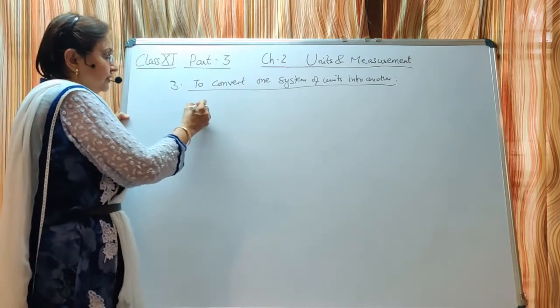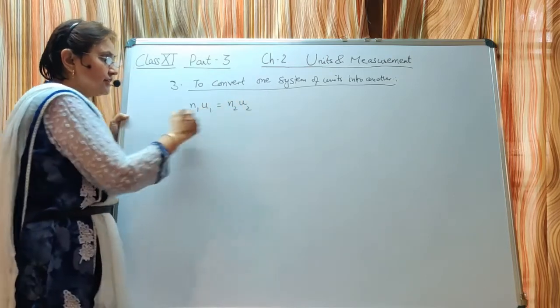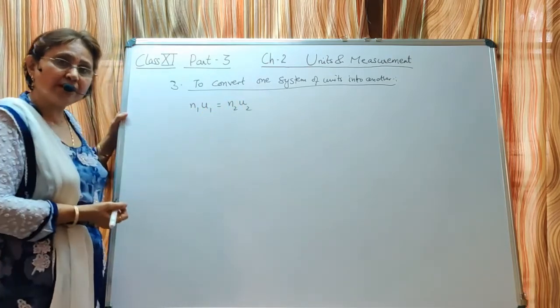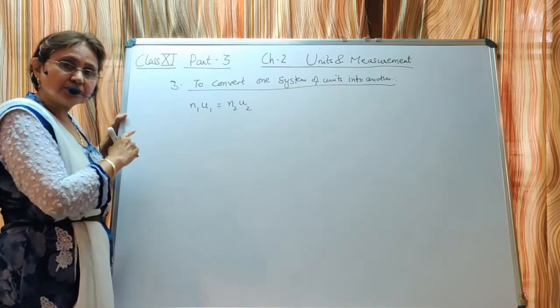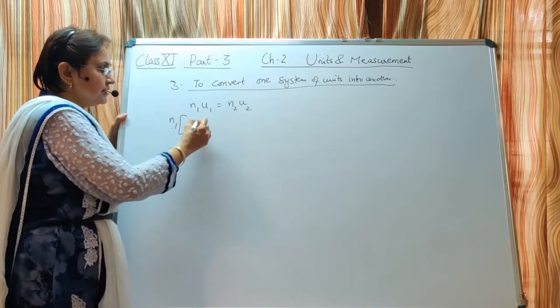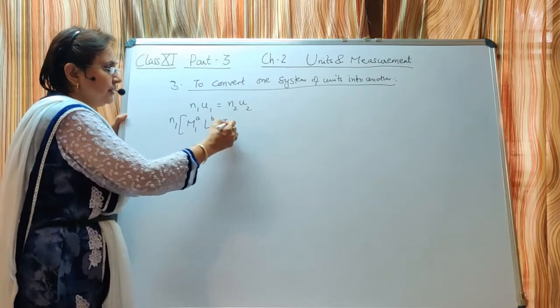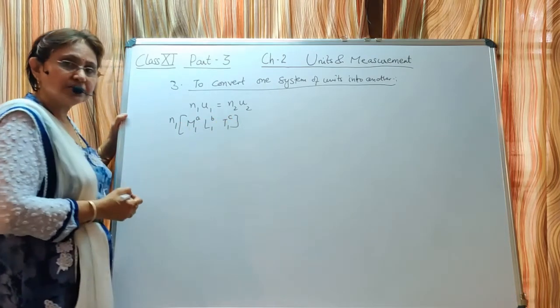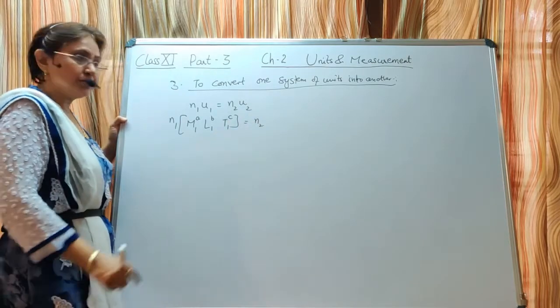We know that N1 U1 is equal to N2 U2, which we have already discussed, like 5 meters is equal to 500 centimeters. U1 is the unit in the first system, which has some dimension. Let its dimension be M1 raised to the power A, L1 raised to the power B, T1 raised to the power C. N2 is the numeric value in the second system.